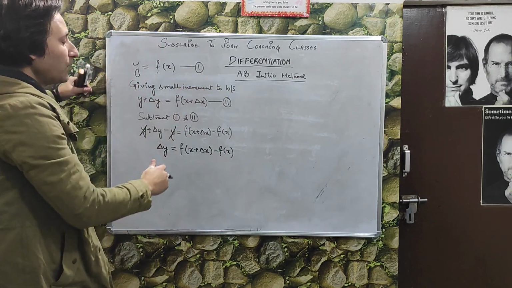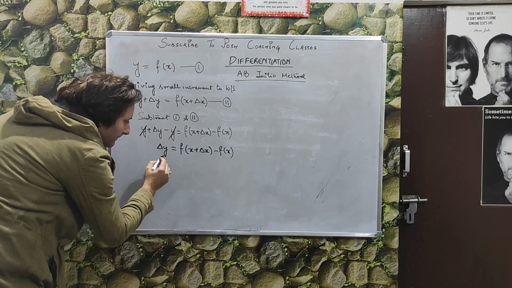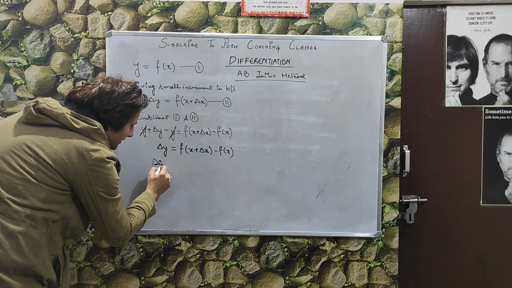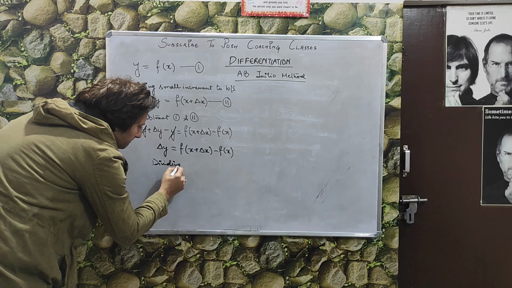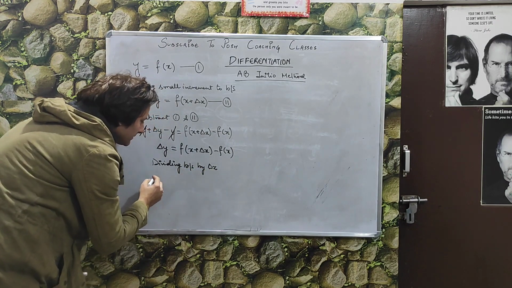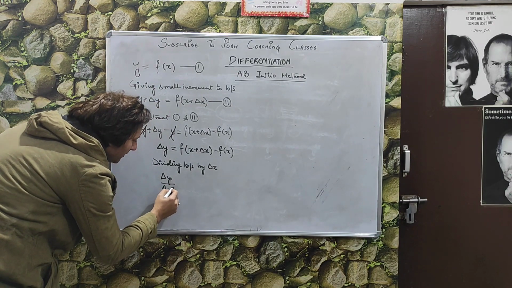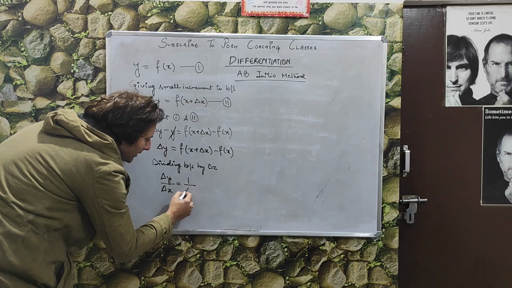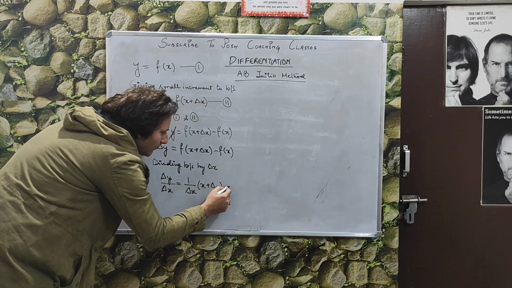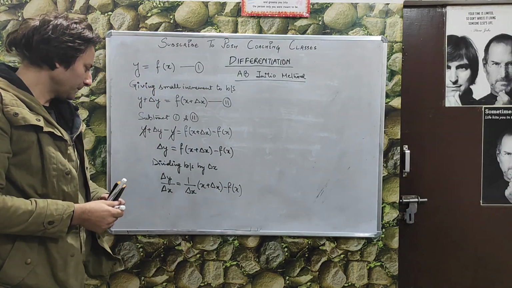Now we are talking about differentiation. So for differentiation, I need a very important thing, so I'll write it here. I will say dividing both sides by delta x. And why is it important? I'll tell you in a moment. Delta y upon delta x is equal to 1 upon delta x, f of x plus delta x minus f of x. I think it's clear till now.